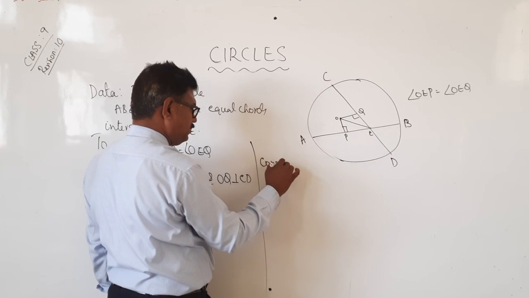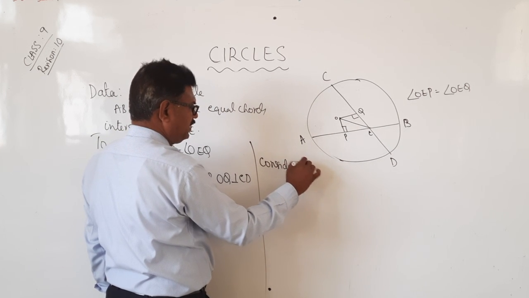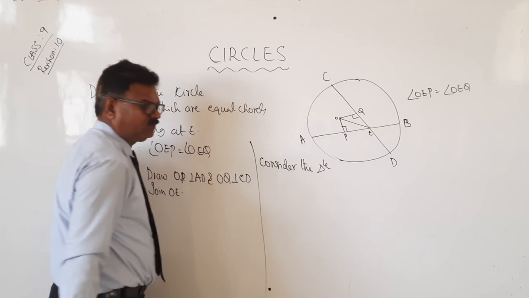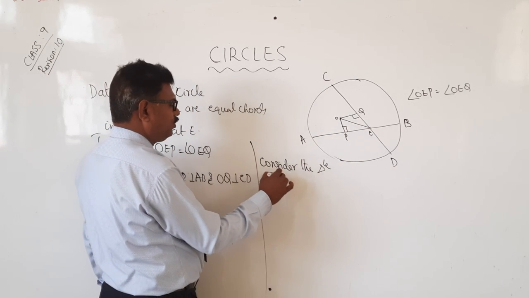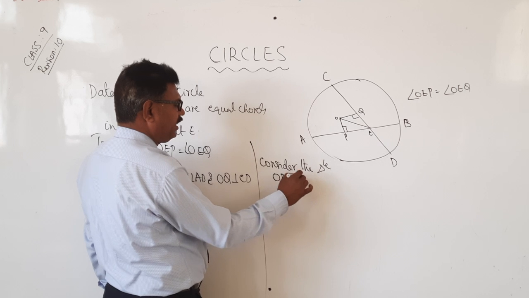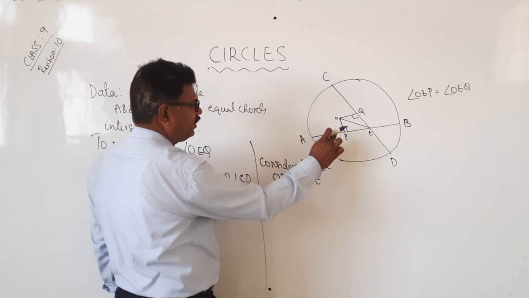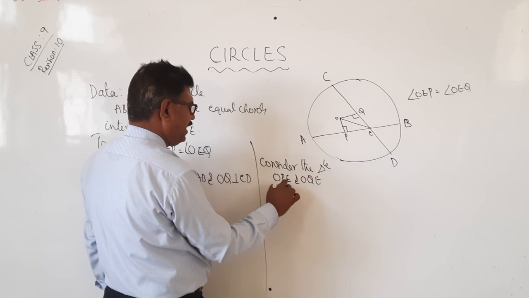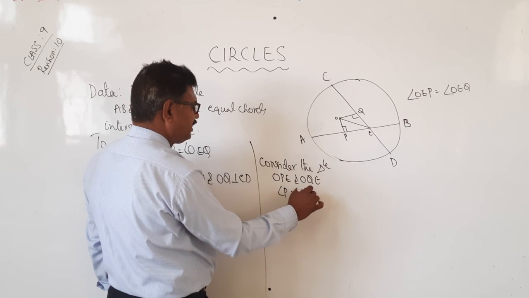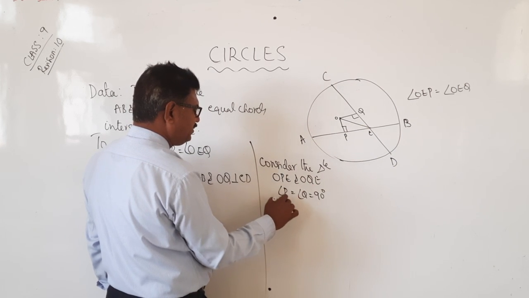Now consider the triangles OPE and OQE. Angle P equal to angle Q equal to 90 degrees.